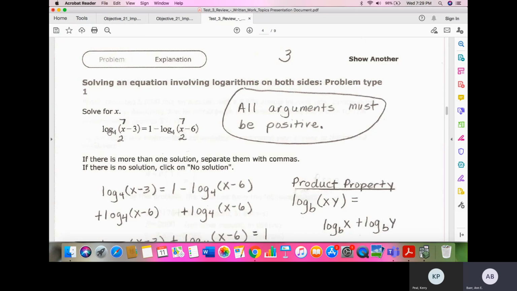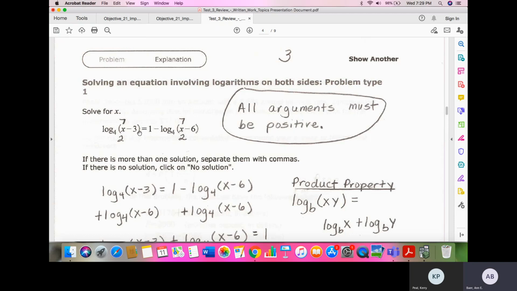Every log has a base, in this case this 4, which is down off the normal line of writing, and an argument. The argument here is in parentheses, and it is x minus 3.